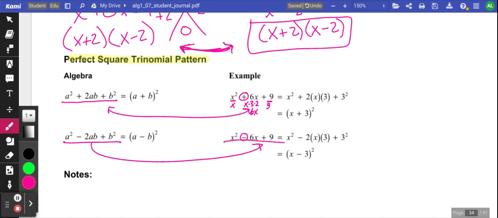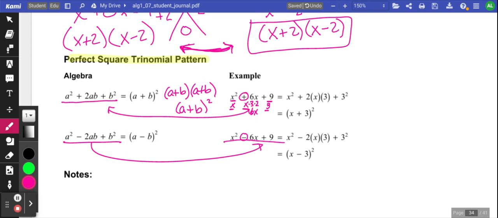Okay, but either way, the way we factor this out, it's pretty simple, is we say, okay, well then this is just the square root of this first term and the square root of the last term. If it's positive, we're going to add them together. We could call it a plus b times a plus b, but the simplified version of that is just a plus b all squared.